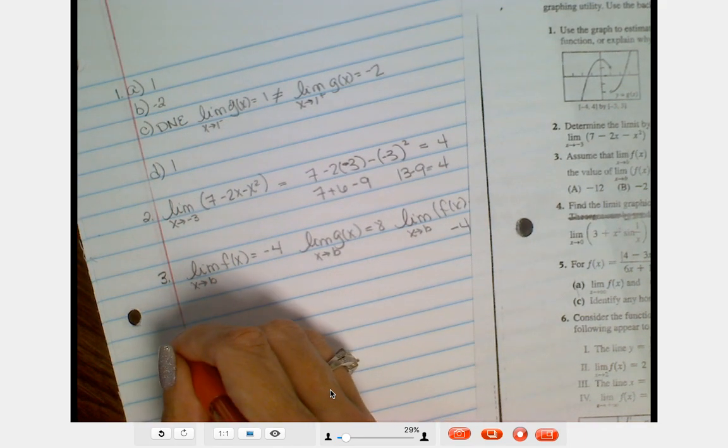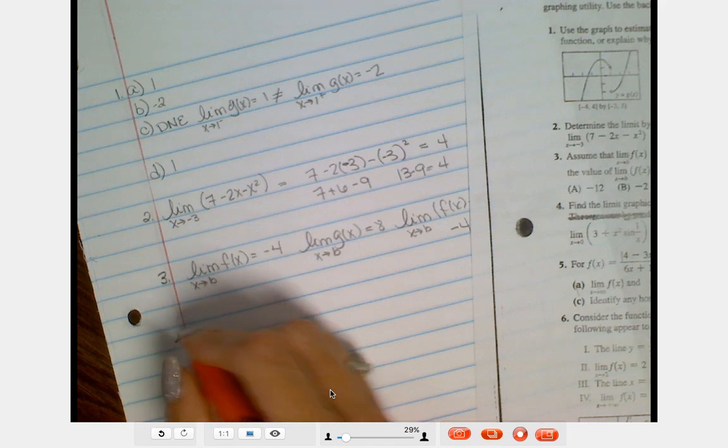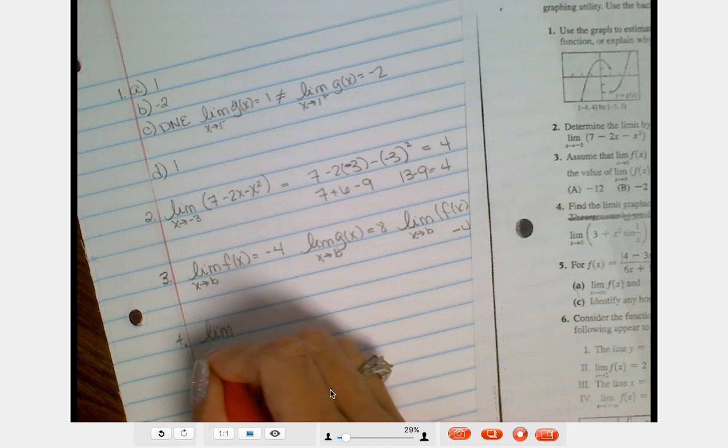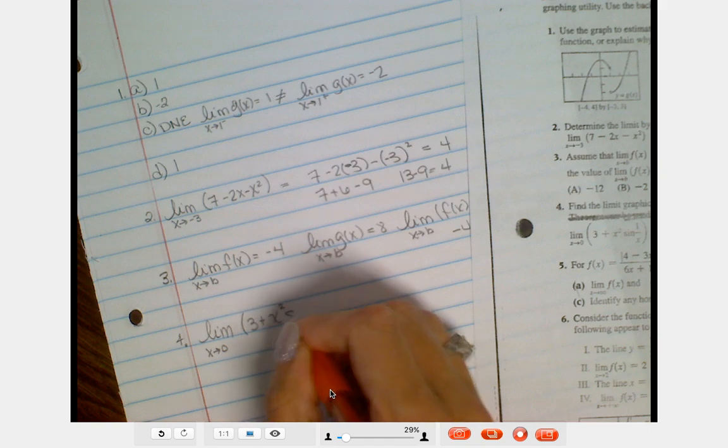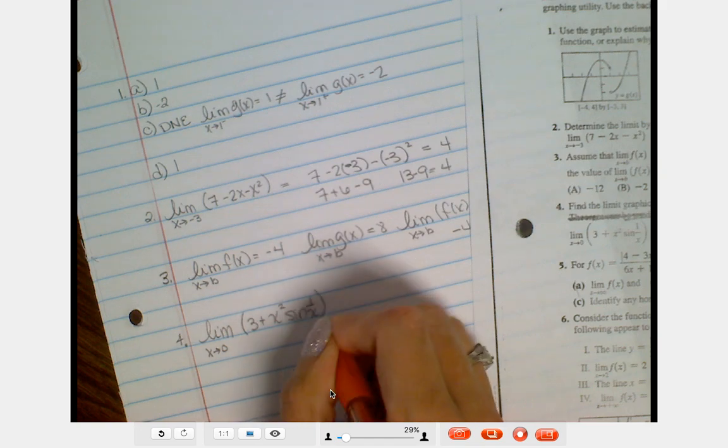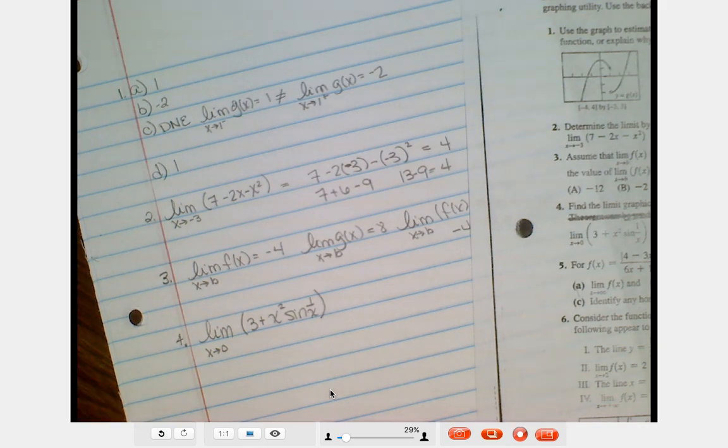Now, on number 4, it says find the limit graphically. Well, let's take out your calculator. Okay, and we'll put it in the calculator here. Oh, I put that in wrong.